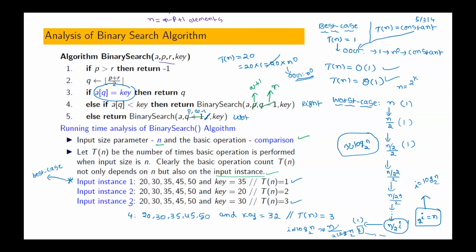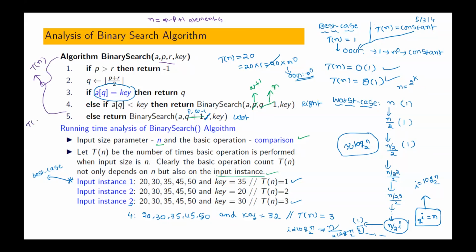When there are n elements, the time this algorithm takes, I call it T of n. Now tell me, what is T of 1?